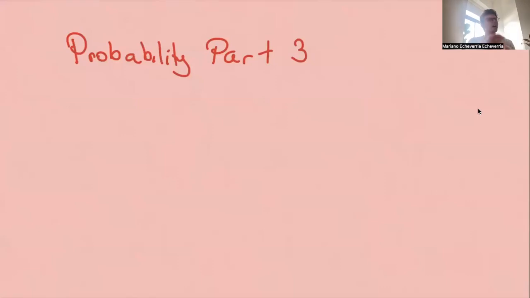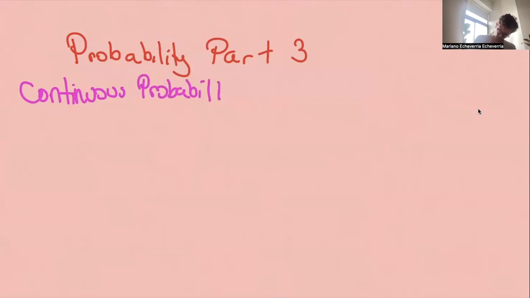Okay, so as I was saying, it's a good place to switch topics a little bit or generalize what we have been doing to what's usually called continuous probability. And this is the part of the course where most of the tools of calculus come in.